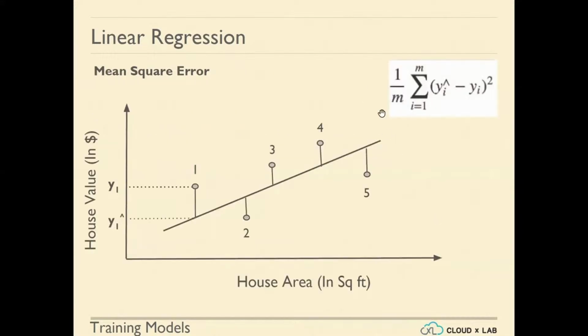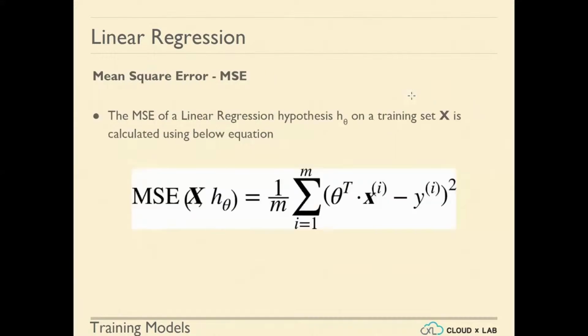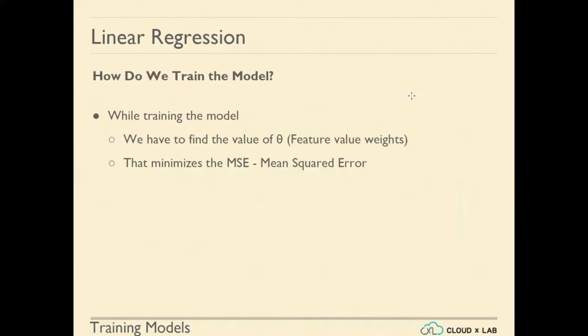Now, what do we want? We want this mean square error to be as low as possible. So for the best model, this mean square error value will be as low as possible, right? So we have to train a model that results in the lowest mean square error. So we have to estimate the unknown parameters theta.